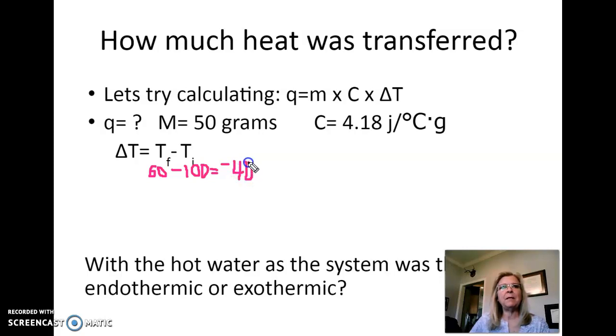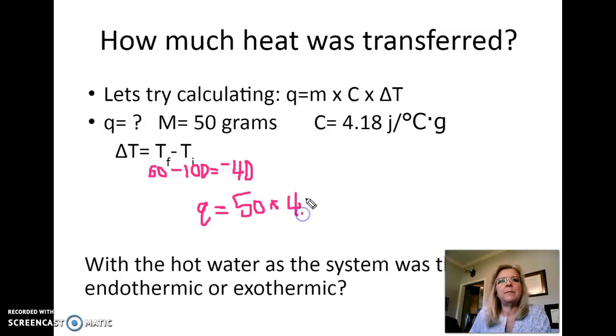Let's think about that. That makes sense, because our hot water lost a total of 40 degrees Celsius, so a temperature change of negative 40 degrees Celsius, since it lost heat. So we are going to calculate Q now. For Q, we are going to take the mass, which was 50, and multiply it by the specific heat capacity, which is 4.18.